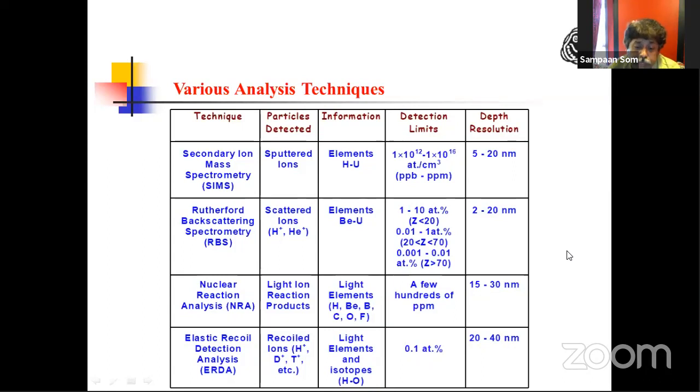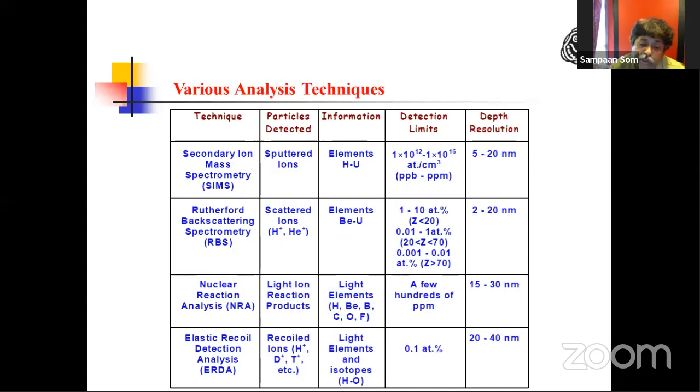However, this is not limited to only hydrogen, deuterium, or tritium. If we use higher energy ions and higher projectile masses, then any element below that projectile mass can be detected in principle using elastic recoil detection analysis.